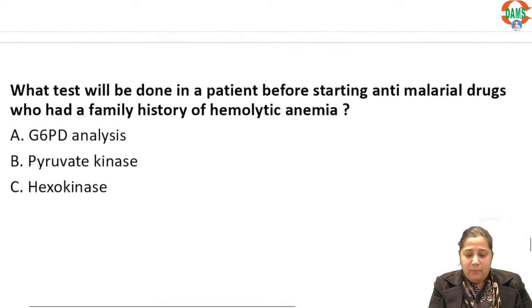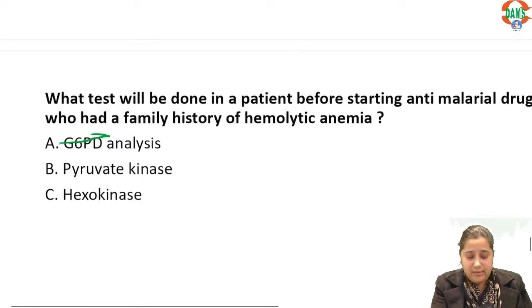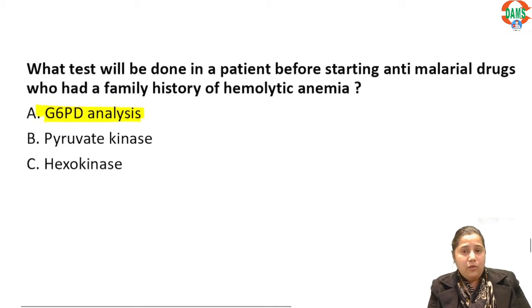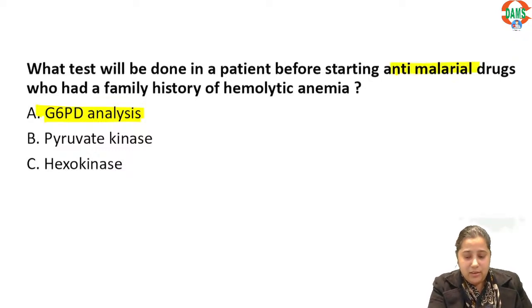What test will be done in a patient before starting anti-malarial drugs who has a family history of hemolytic anemia? We must go for G6PD analysis, because malarial drugs can be one of the precipitating agents of hemolytic anemia in a person with G6PD deficiency. These anti-malarial drugs can precipitate the hemolysis because they create an oxidative stress environment.